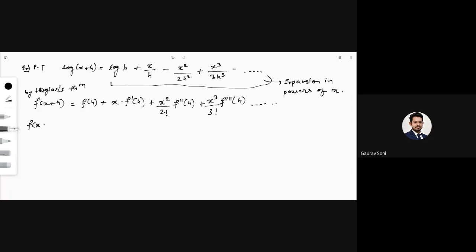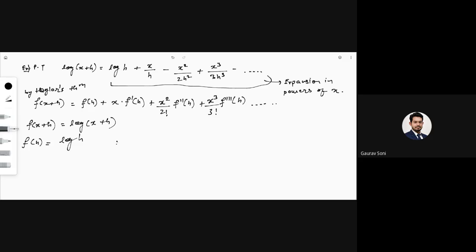So f of x plus h is equal to log of x plus h. What is f of h? f of h is equal to log of h. Please understand this. Any problem you can ask.